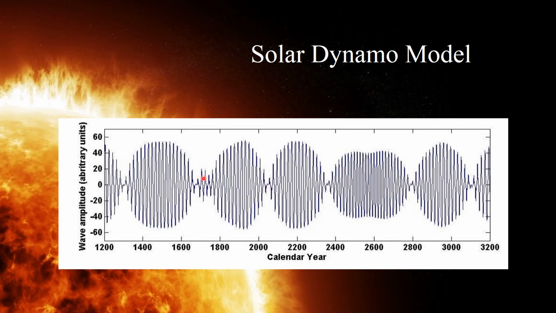There are smaller minimums in between, but this last one, 1650 to 1720, was the Maunder Minimum. That was a longer grand solar minimum. Her predictions say that we are heading into a grand solar minimum that's going to be shorter than the Maunder Minimum, but still fairly severe, 2020 to 2053. That's where we are right now.